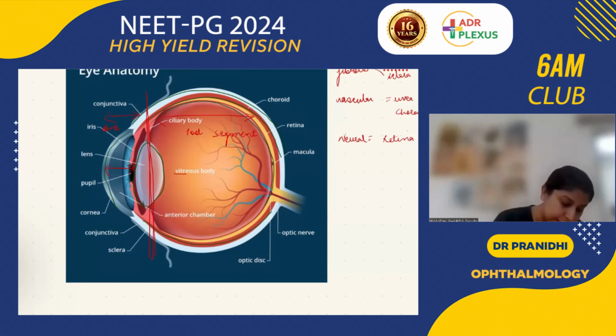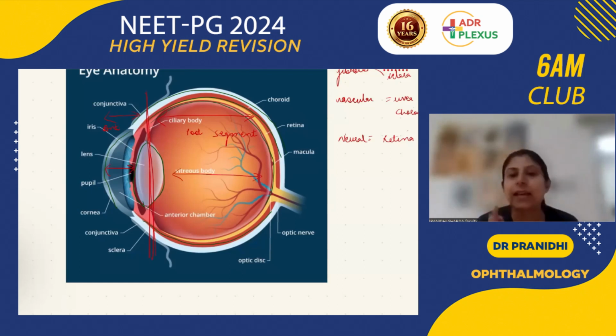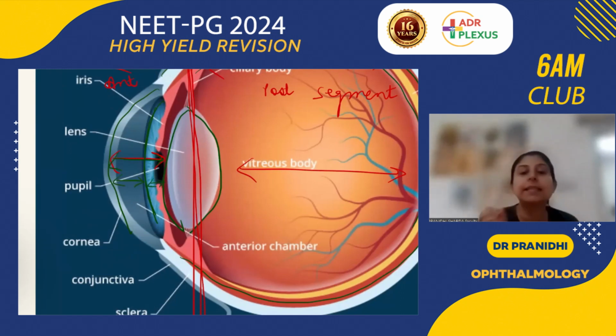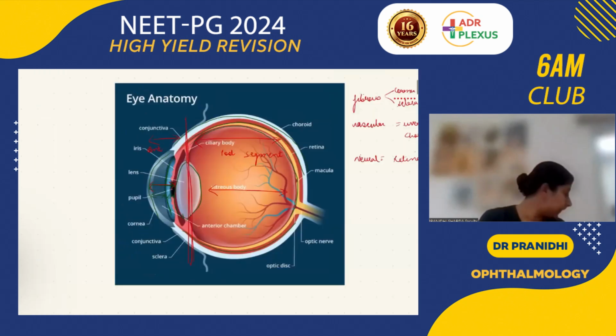The anterior and the posterior segments of the eye. Similarly, as you can see, this part is the iris. The iris divides the anterior segment again into two parts, the anterior and the posterior chambers of the eye. So the lens divides the eye into anterior and posterior segments.